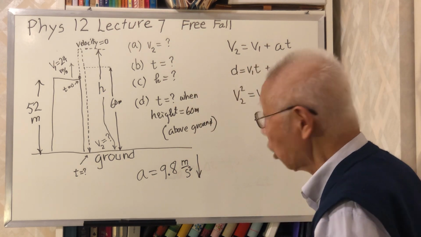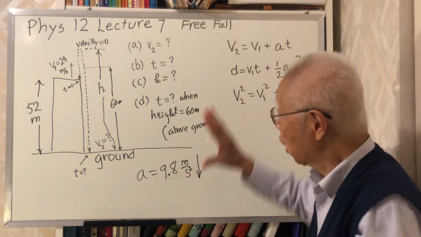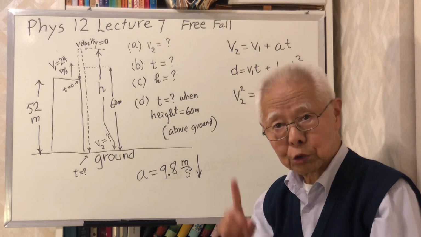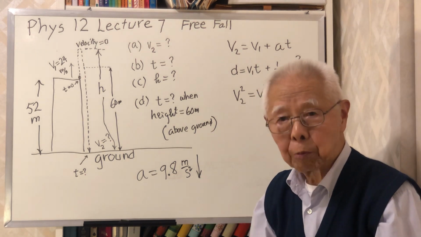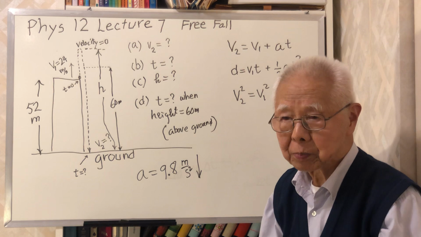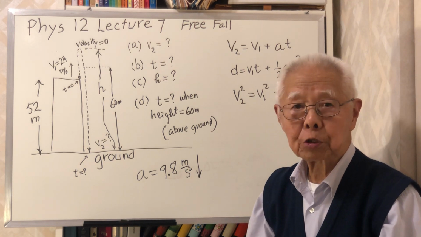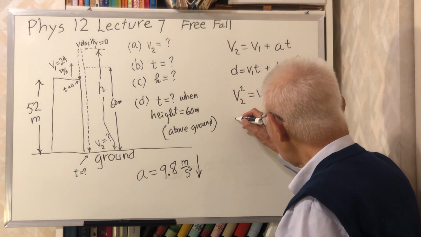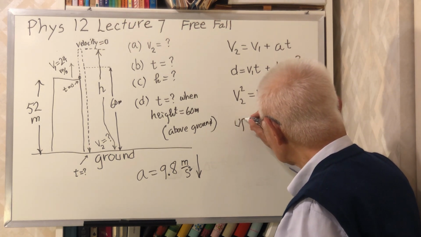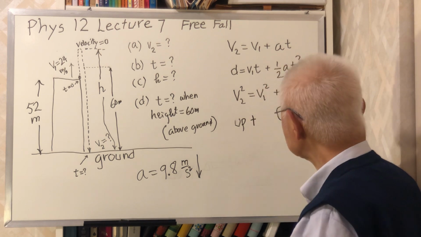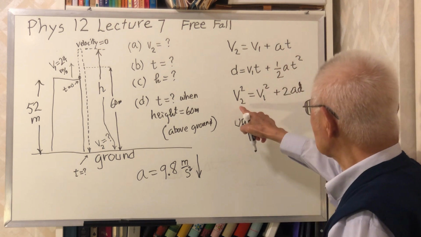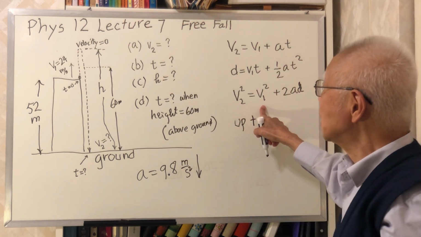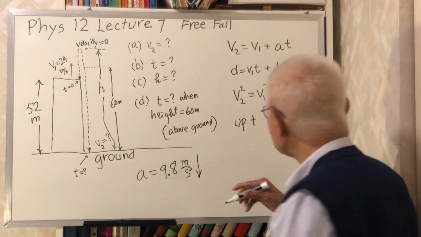Before you do the calculation, you must choose: do you choose up positive or down positive? It doesn't matter. So let's choose up positive. Up is positive. Therefore, V2 you do not know. V1 is 24.